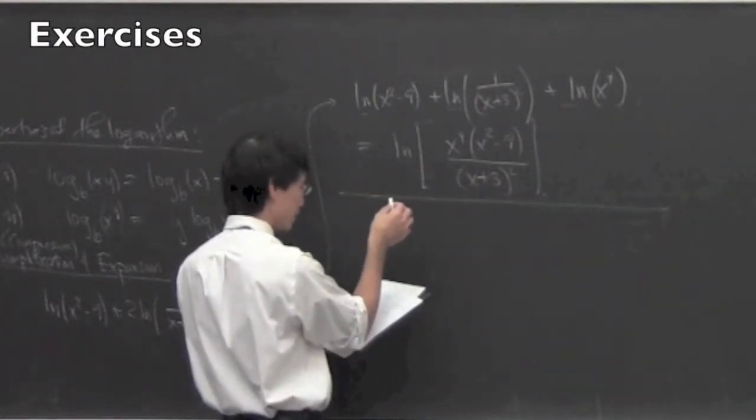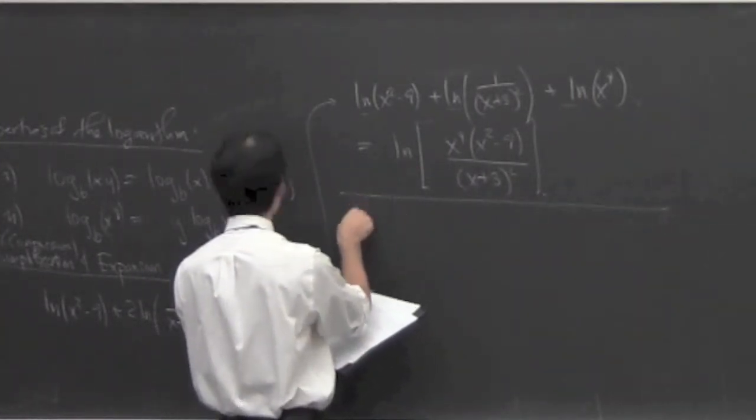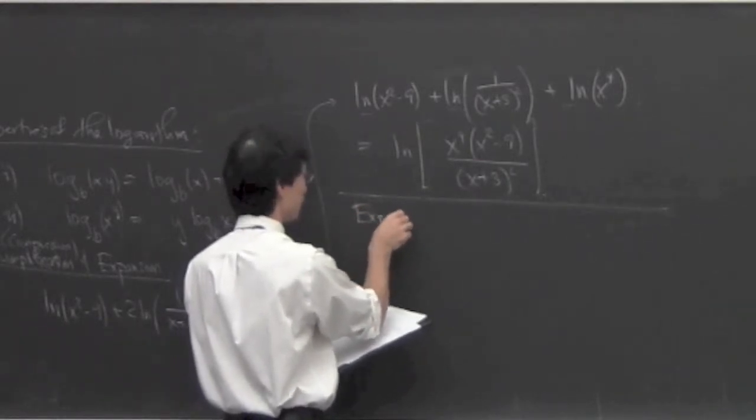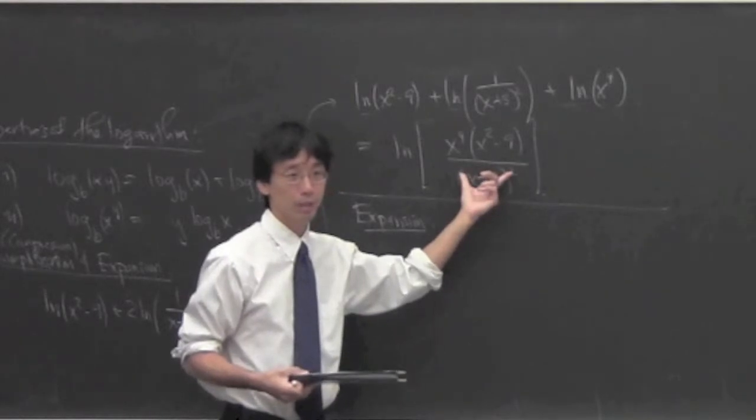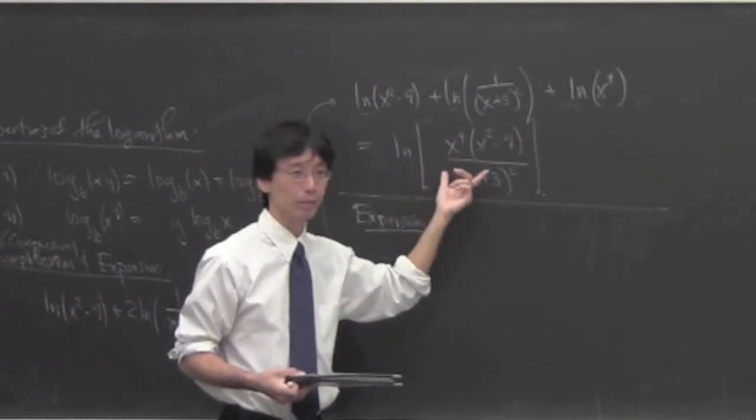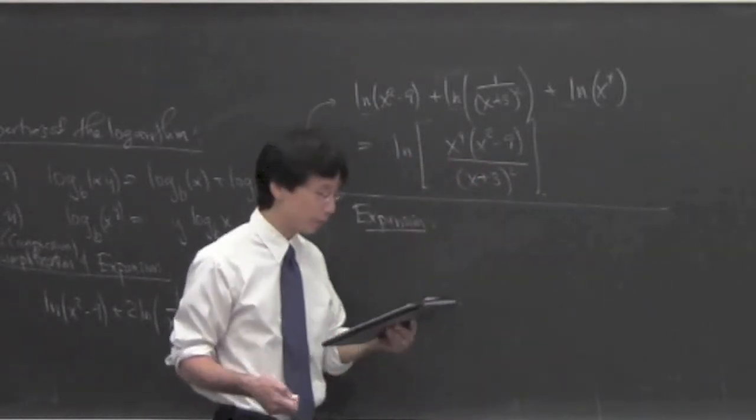Okay. In the opposite direction, you can do the same thing. Right? You can expand. If somebody gave you this, you could expand it backwards using the properties in the opposite direction.